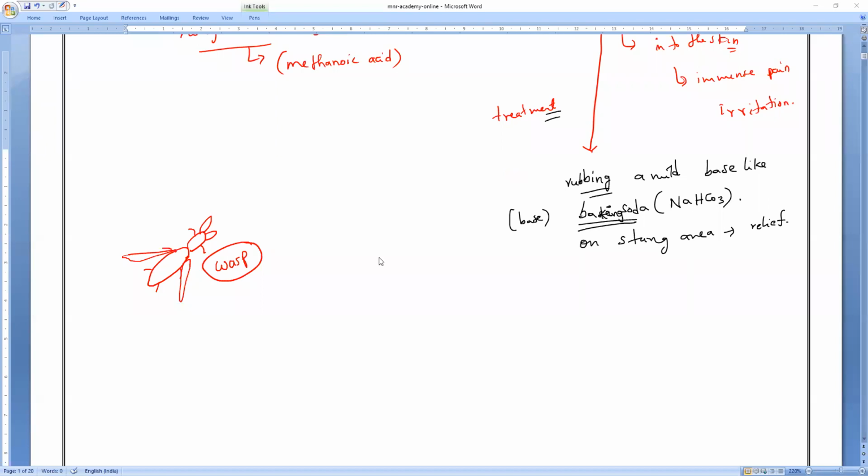So if a person is stung by a wasp, then immediately we have to treat it with a mild acid, like vinegar.